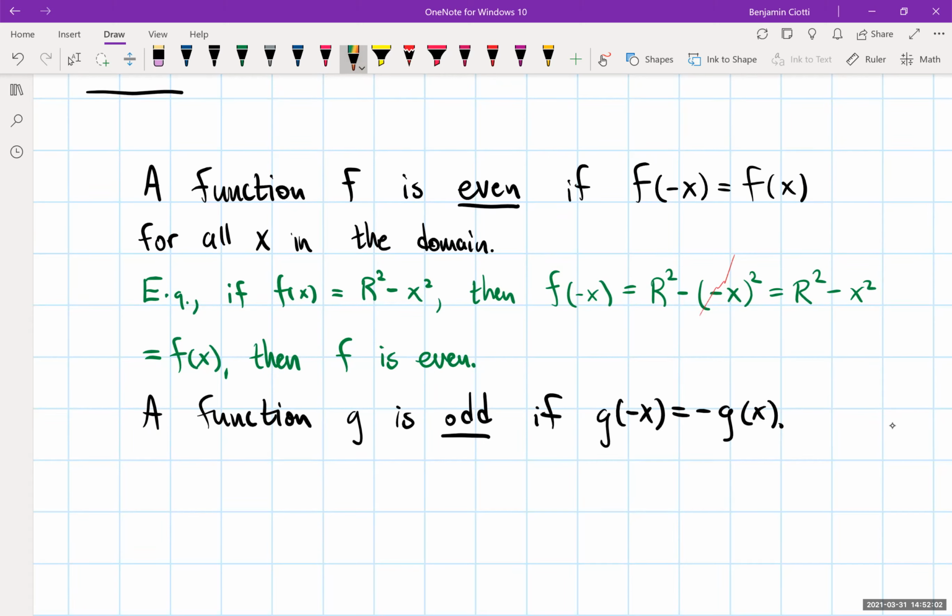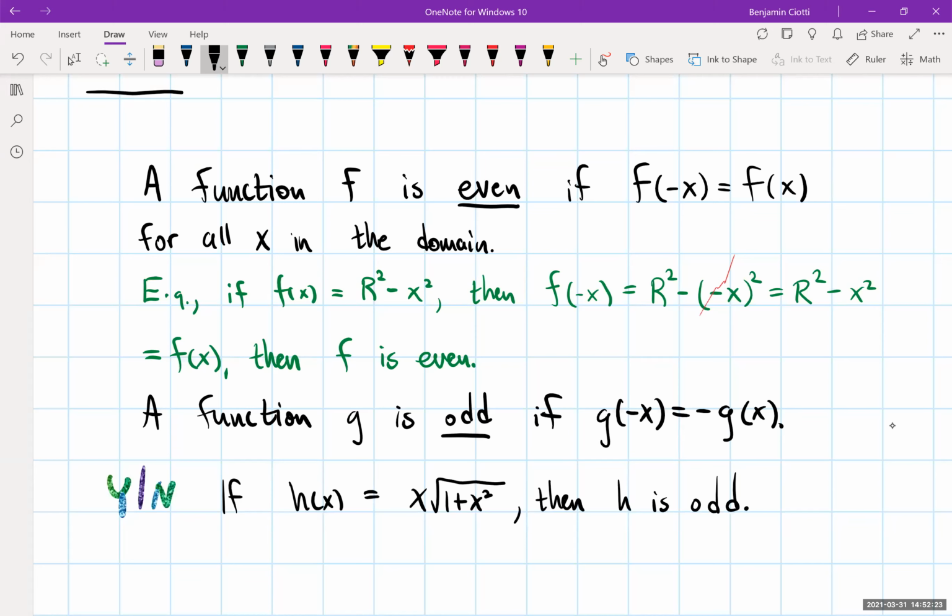So let me ask you all a yes or no question. If h of x is x times the square root of 1 plus x squared, then h is odd, yes or no?